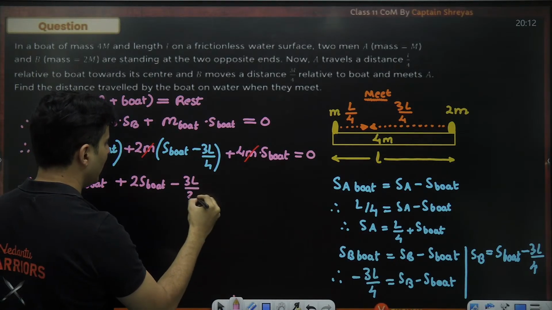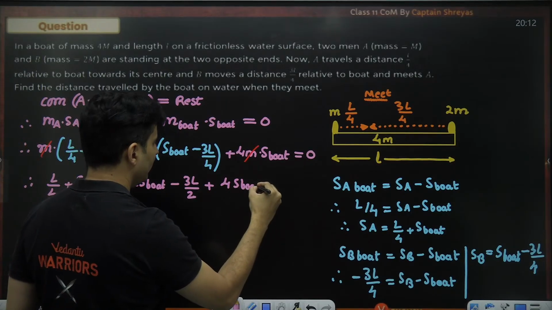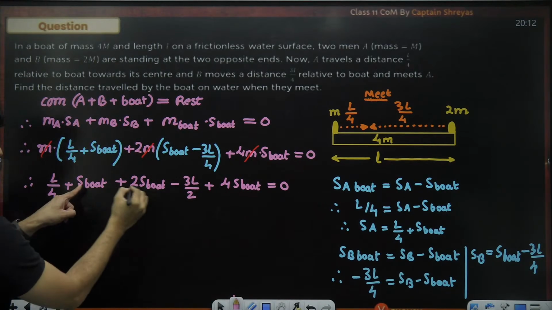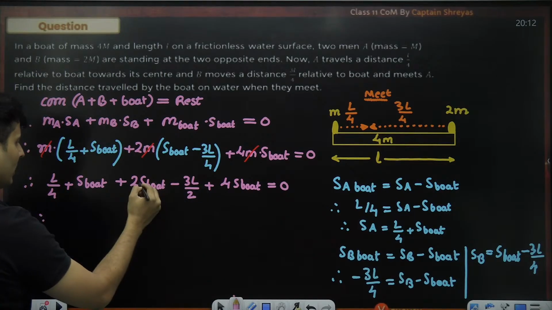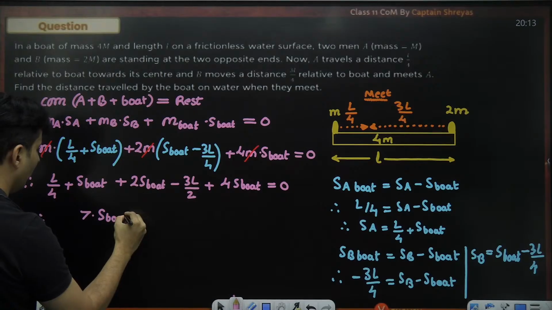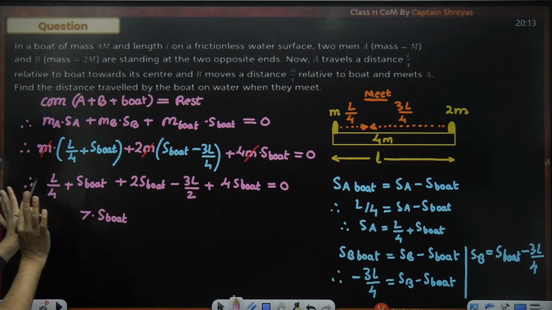It will become 3L by 2 plus 4 times displacement of the boat is 0. Okay. S boat, 2 S boat, 4 S boat. 4 plus 2, 6, 6 plus 1, 7. So 7 times the displacement of the boat, 3L by 2, L by 4, nothing else.